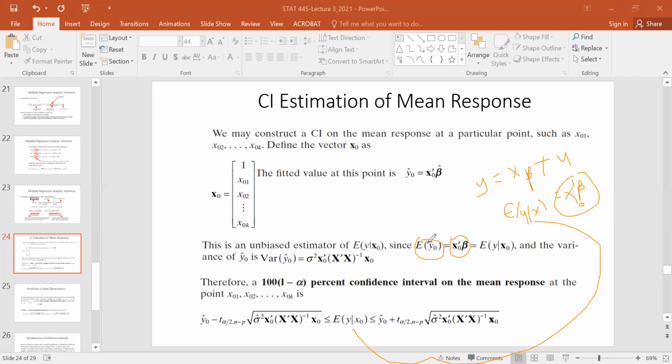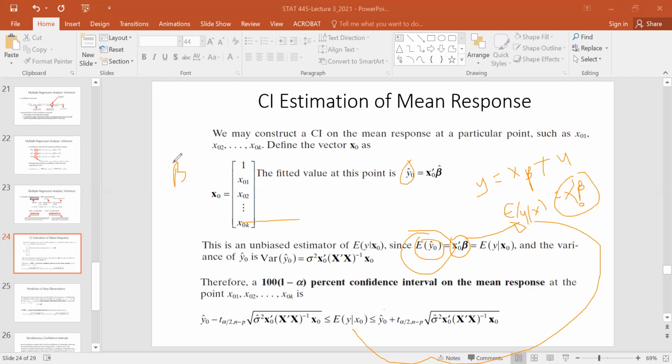And if you were to take y hat at that point and take its expectation, it looks like the same thing. So this is an unbiased predictor, and therefore it is the one we will start with, I mean, the y0 hat. Y0 hat is an unbiased predictor of this thing here.